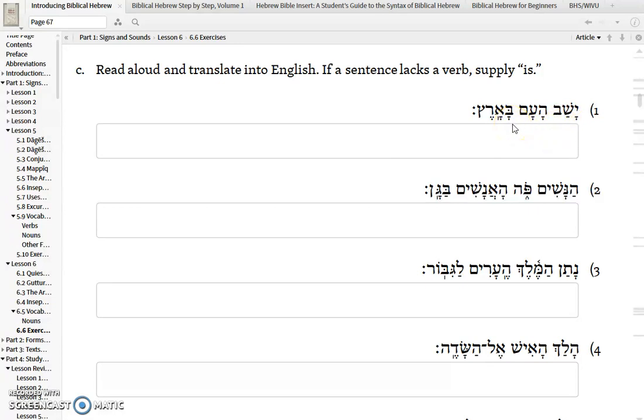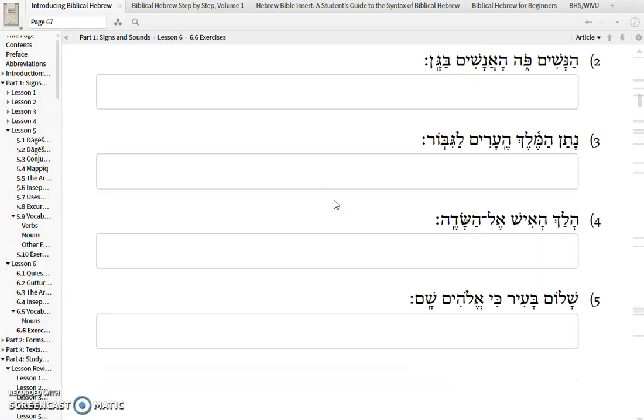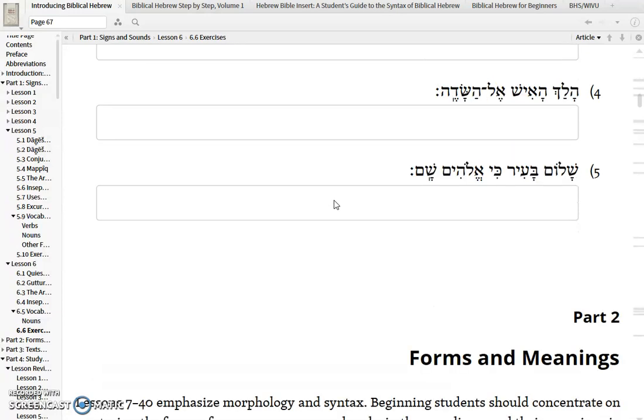And then ba is in. The kamatz under the bet indicates the article, the. And then aretz is the form with the article of eretz, which is land. The people dwelled in the land. And anyway, you should practice reading those aloud and do the translation of all of those.